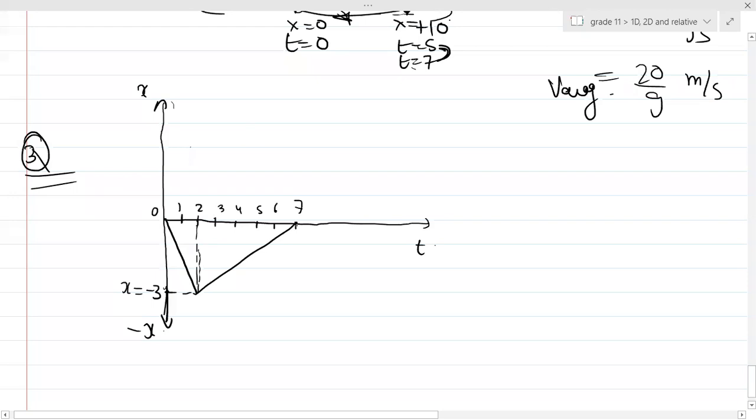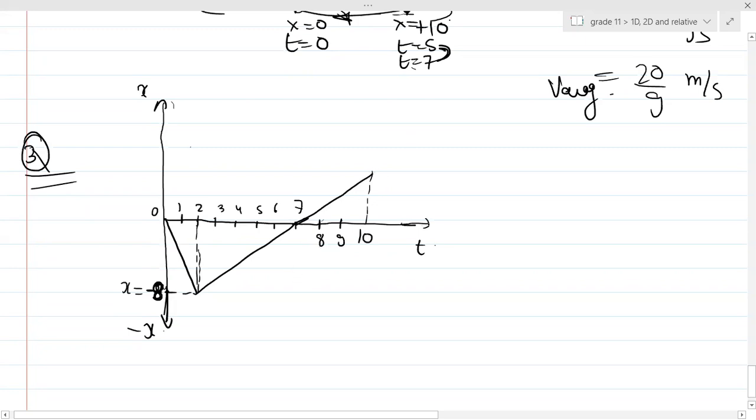So 7 seconds, and let's make it a little bit big. Let's make it 8 meters. So this is x equals minus 8, and this is 7. After that, it keeps on going till 8, 9, and 10.